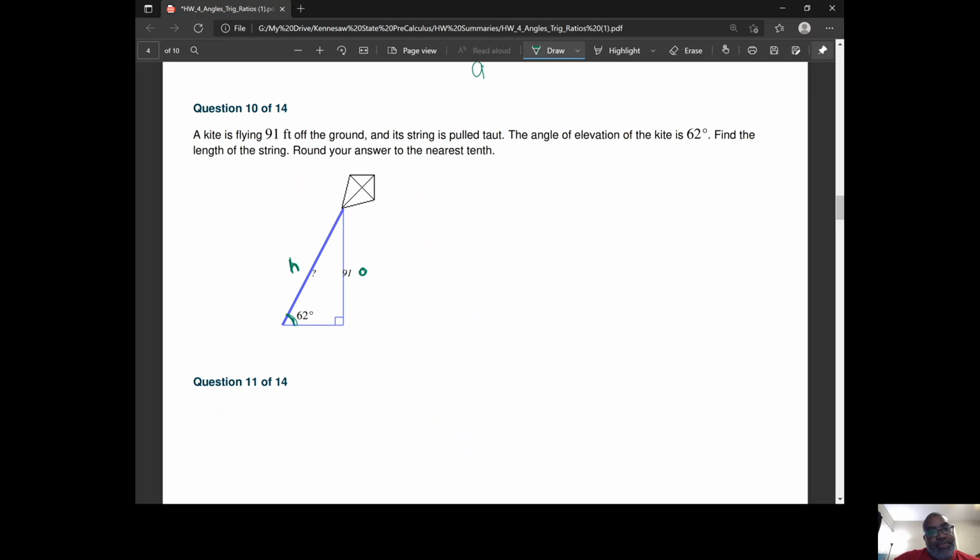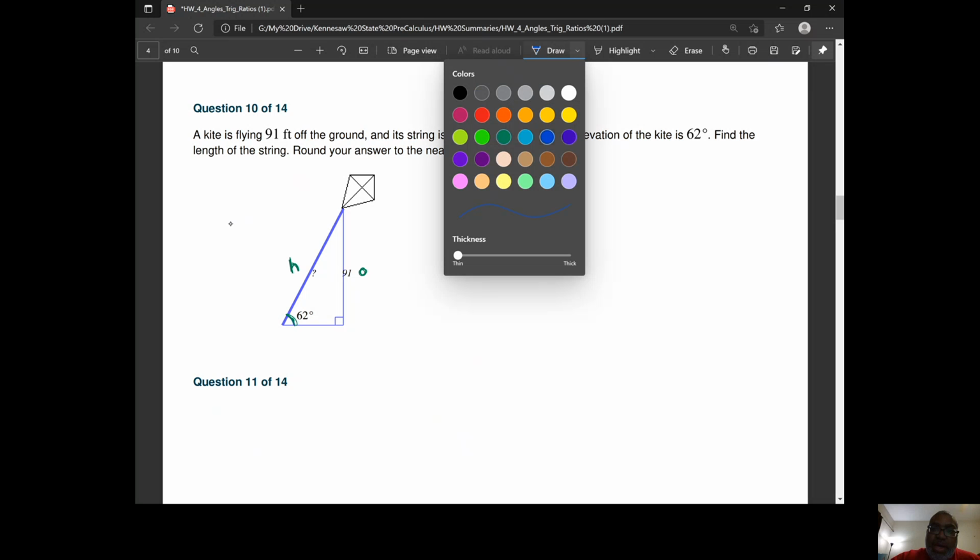That means sine, because sine is opposite over hypotenuse. So sine of 62 degrees is equal to 91 over hypotenuse. We want to solve for h, but we need h in the numerator. So we're going to multiply both sides by h.